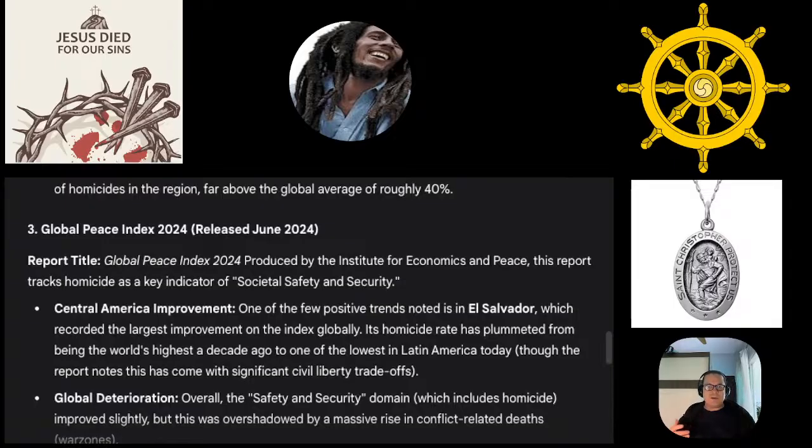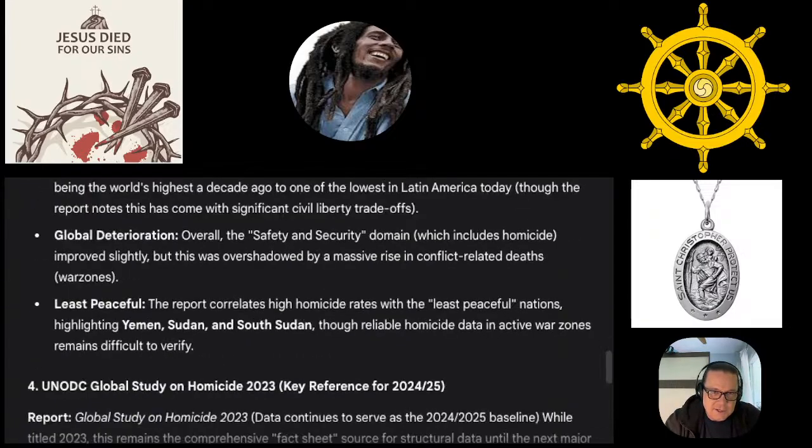But when you're dealing with a country that has the highest murder rate in the world, what are you going to do about it? You're going to have to do something like institute martial law. You have to have law and order, don't you? I mean, you don't have to have it, but if you want law and order, you're going to have to take extreme measures. Otherwise, you can take your chances. And most people don't want to take their chances.